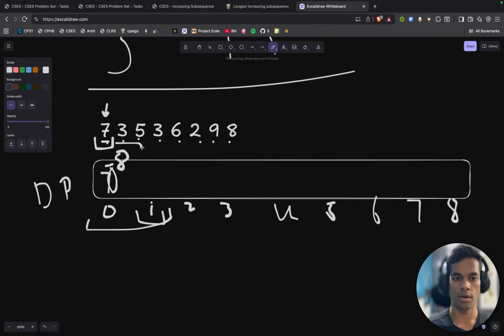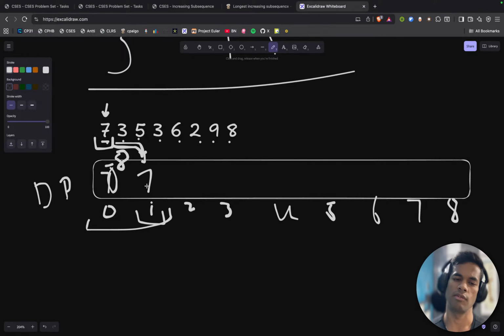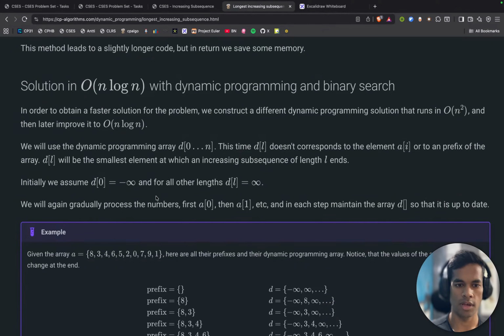So I will look at what is at 1, and there is initially minus infinity. Can I pair 7 up with minus infinity? Yes, damn well I can. Then I will have to update this with 7, right? Because they did say dp0 is minus infinity, and for all others it is equal to infinity.